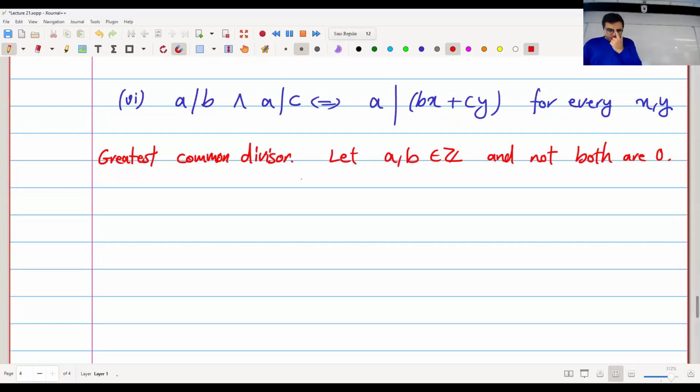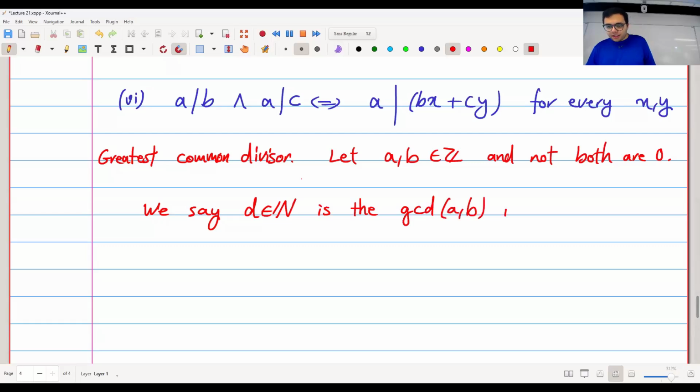I want to define the greatest common divisor of A and B. We say that D, and I want this D to be a natural number, is the greatest common divisor, or just GCD, of A and B if it satisfies the following conditions.